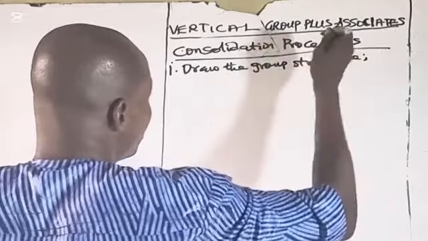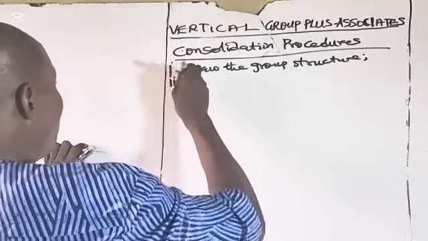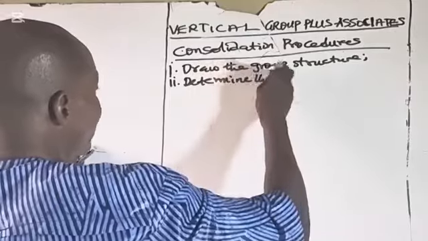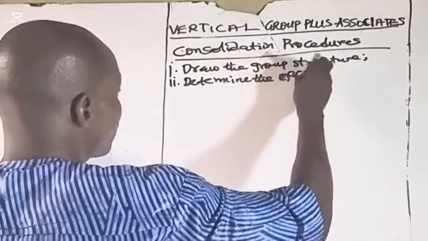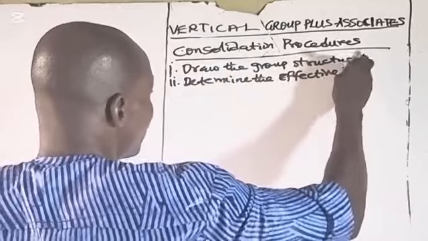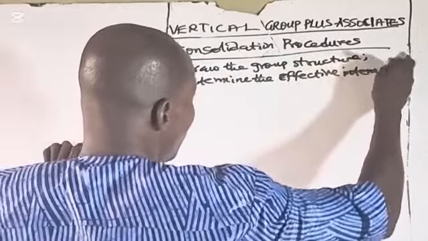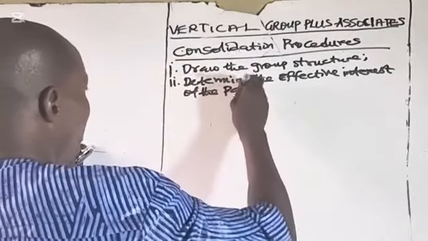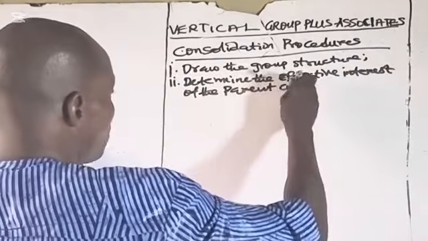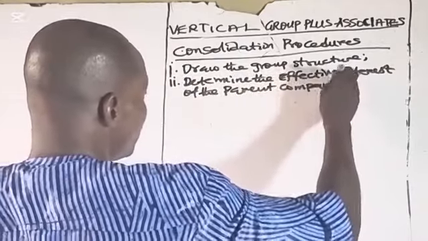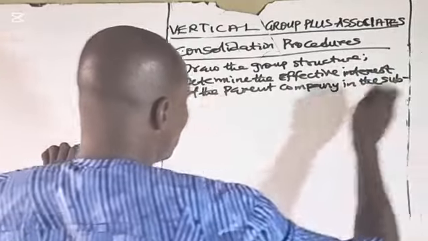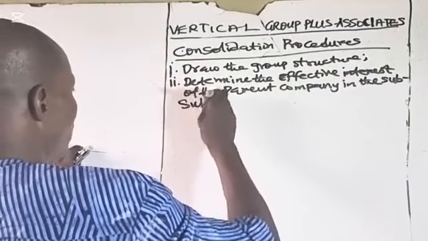After the group structure, the second step is determine the effective interest of the parent company in the sub-subsidiary company.